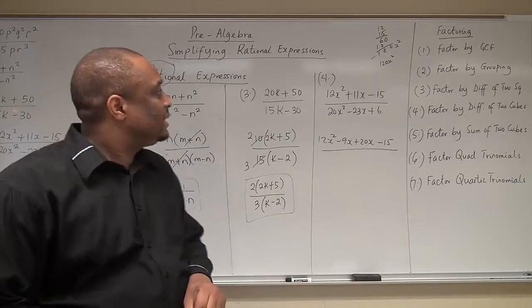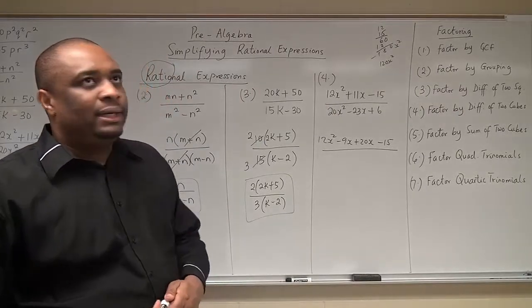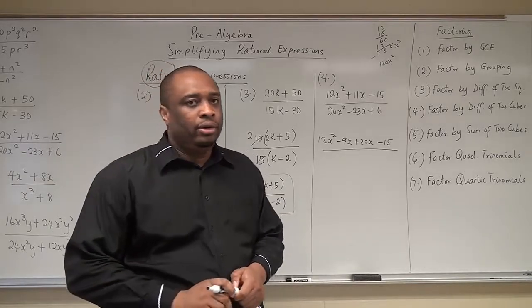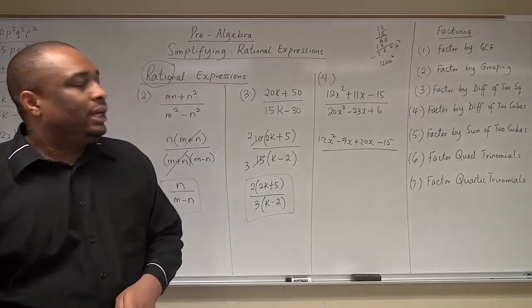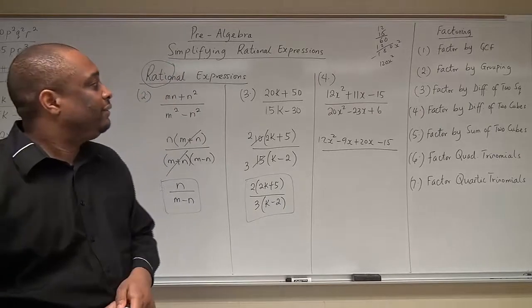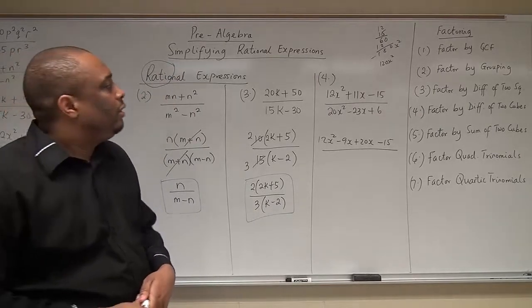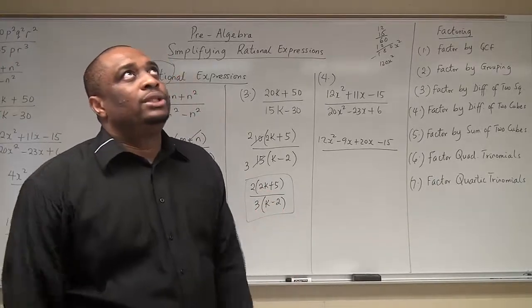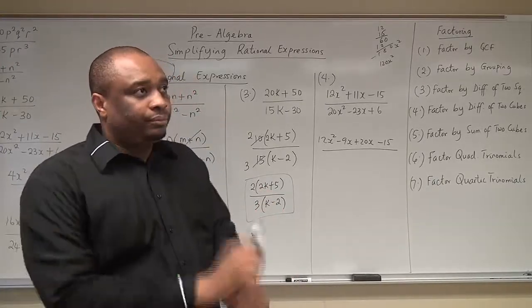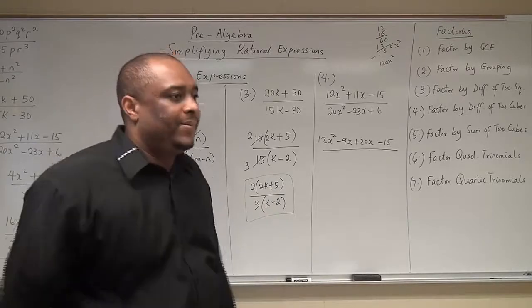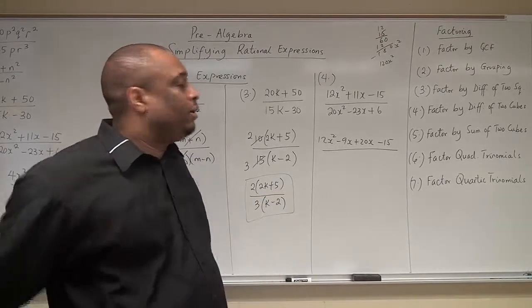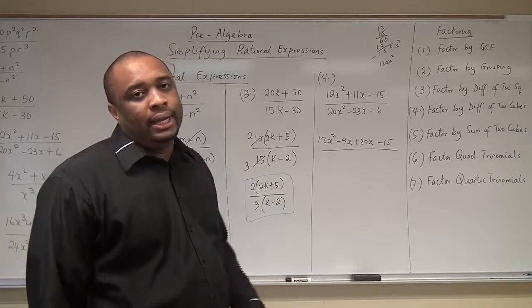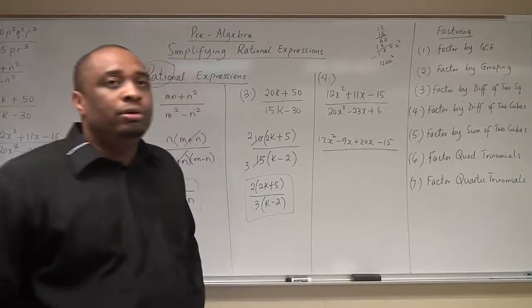Negative 2 and negative 60 will not work. 3 and 40, no. Negative 3, negative 40, no. 4 and 30, no. Negative 4, negative 30, no. 5 and 24, no. That's 29. Negative 5, negative 24, no.